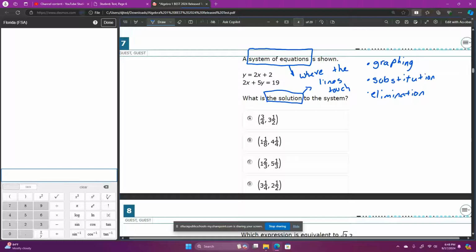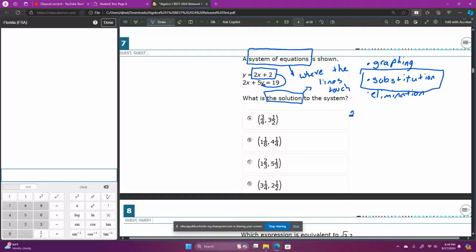Because on this first linear equation, the y is already isolated, substitution would be the winner in an Algebra 1 class, because you would take what y is equal to and plug it in to the y on the other equation.